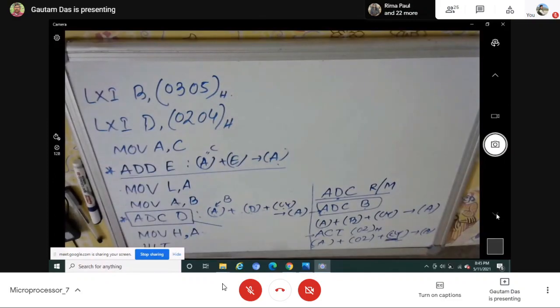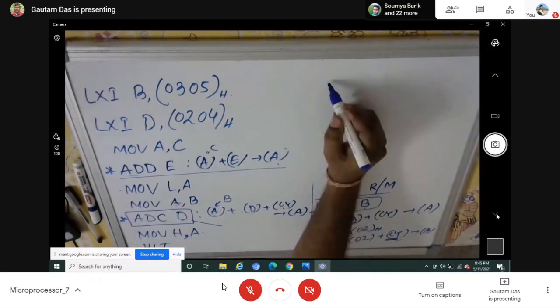That's why I first discussed this program, how two 16-bit data can be added with an 8-bit addition instruction. Because your processor is an 8-bit processor, how can it add two 16-bit data using an 8-bit addition instruction? Though there is a 16-bit addition instruction available, whenever the processor gets it, internally it will do this operation to achieve that.